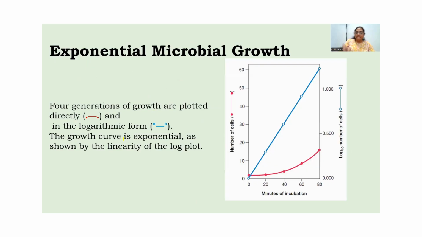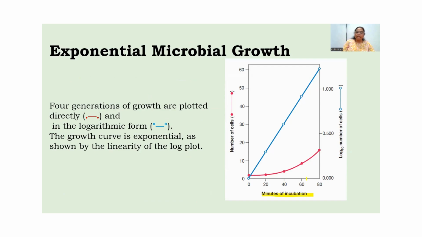This is represented by this graph. In this graph, on the x-axis there is the time of incubation in minutes, and the y-axis represents the number of cells and the log number of cells.